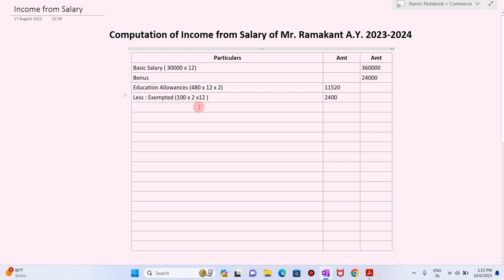Now minus this, 11,520 minus 2,400. The value we get is 9,120. Write it in the outer column.